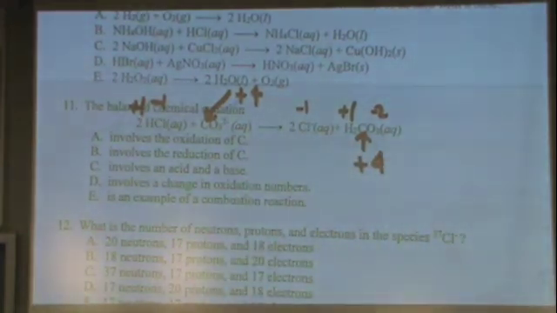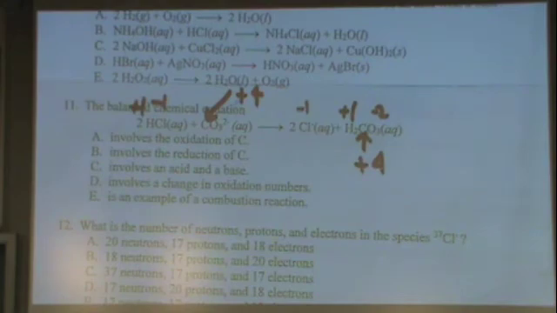Nothing changes in oxidation state. Is this a redox? No. So it can't be A, B, or D. So C or E. It doesn't look like combustion, so it's got to be C. And HCl is one of our strong acids. CO3 2- is a base because it receives the proton to become H2CO3 aqueous. Is that okay?